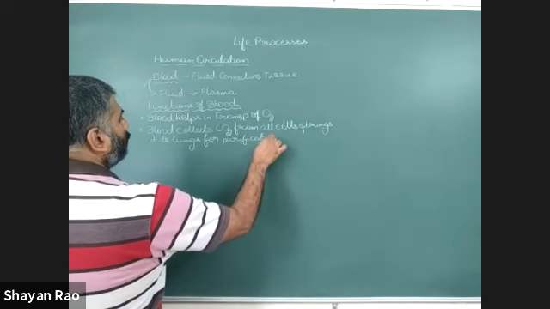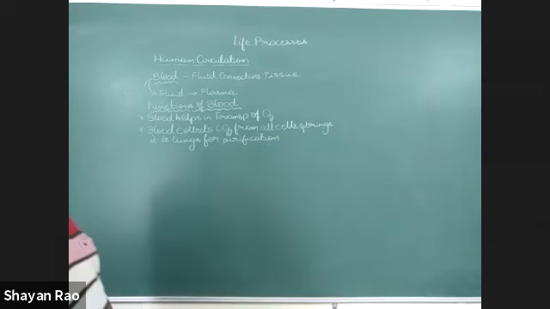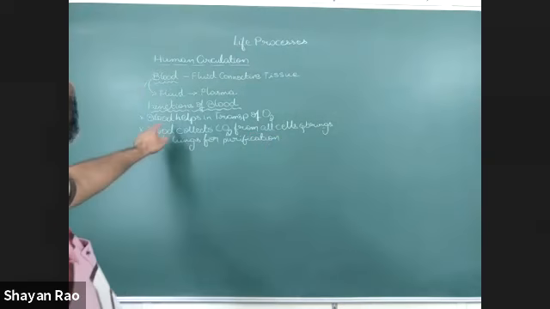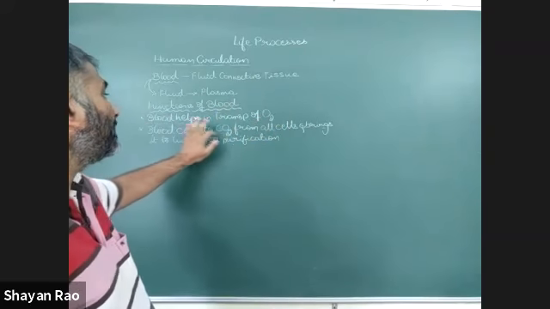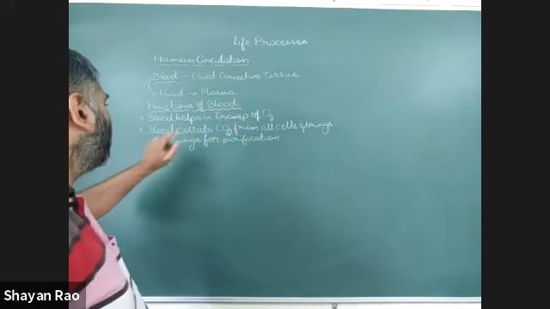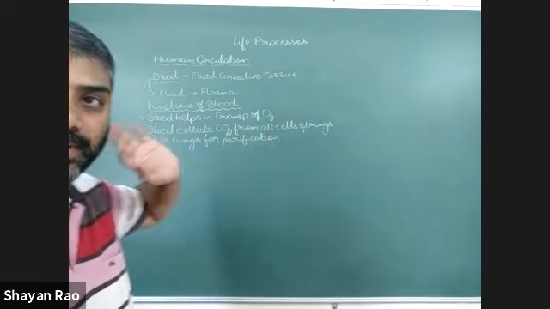So that's the second most important function of the blood. So the first function is transportation of oxygen to all the cells. Second, it collects carbon dioxide from all cells and brings it to the lungs for purification.